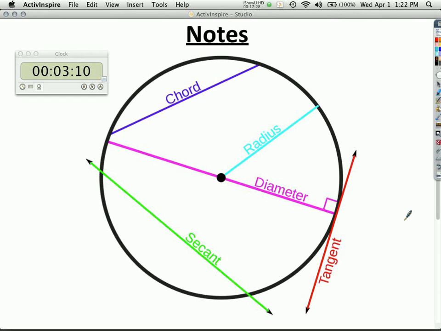But the line is perpendicular to diameter. A line that connects 2 sides of the circle, but does not cross through the center of the circle.